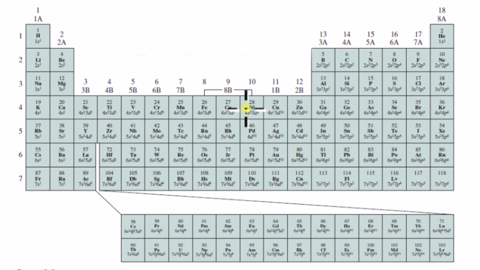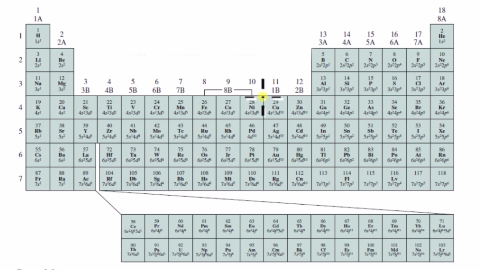And this gives you a sense of why this top labeling scheme is perhaps preferred. Because when you get to these elements here, this labeling, these 8B, doesn't make any sense. In fact, even saying that these elements do have 8 outer electrons, just like the noble gases, I don't know if you would compare these elements to the stable noble gases. You still have an incompletely filled d orbital with all 3 of these elements, right?